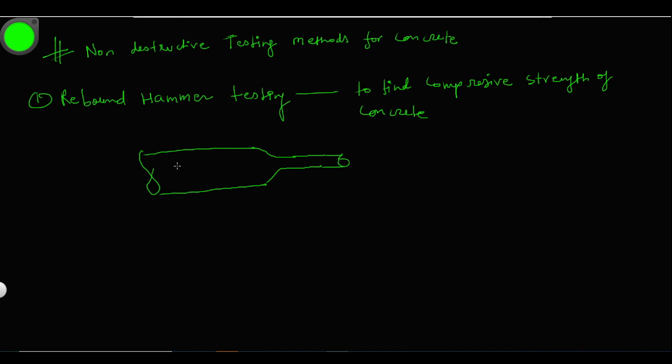One elastic plunger will be present inside it, like this, and a spring like this, and some calibration will be present like this on this. So this is the elastic plunger.